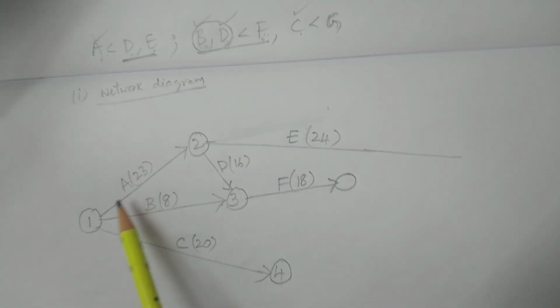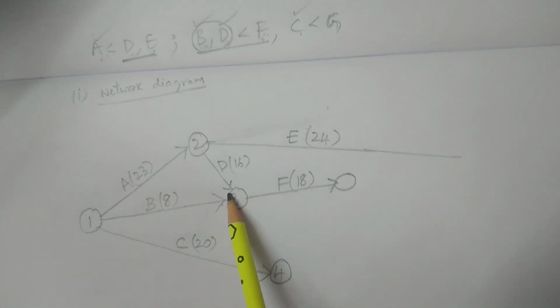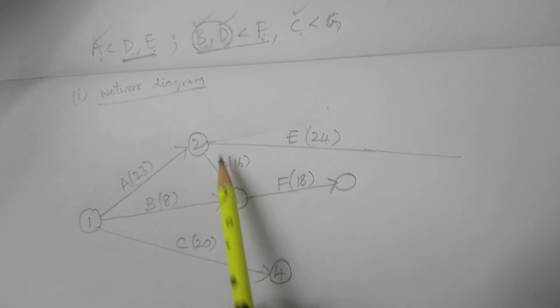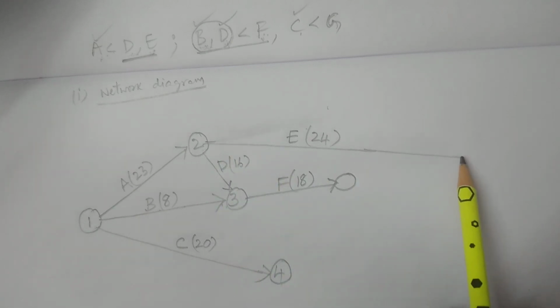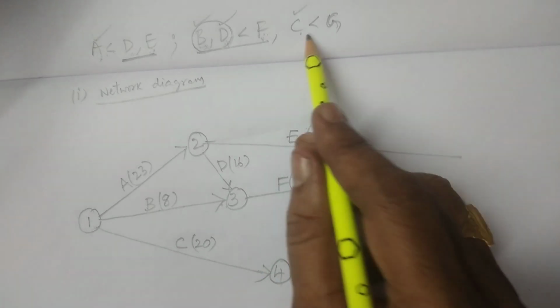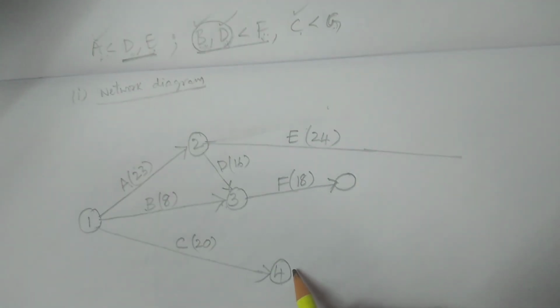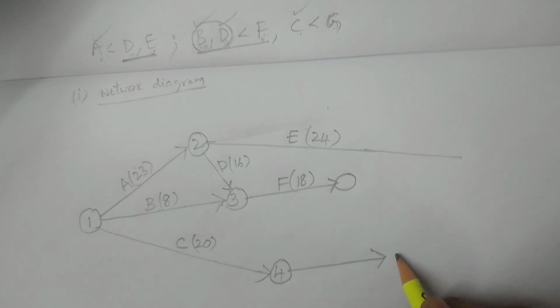So A is less than D. That is, before D, A is finished. After A, we have considered activity D and activity E. It was not completed; we will see at the end. And then C is less than G. So we take another activity and connect it to another node.